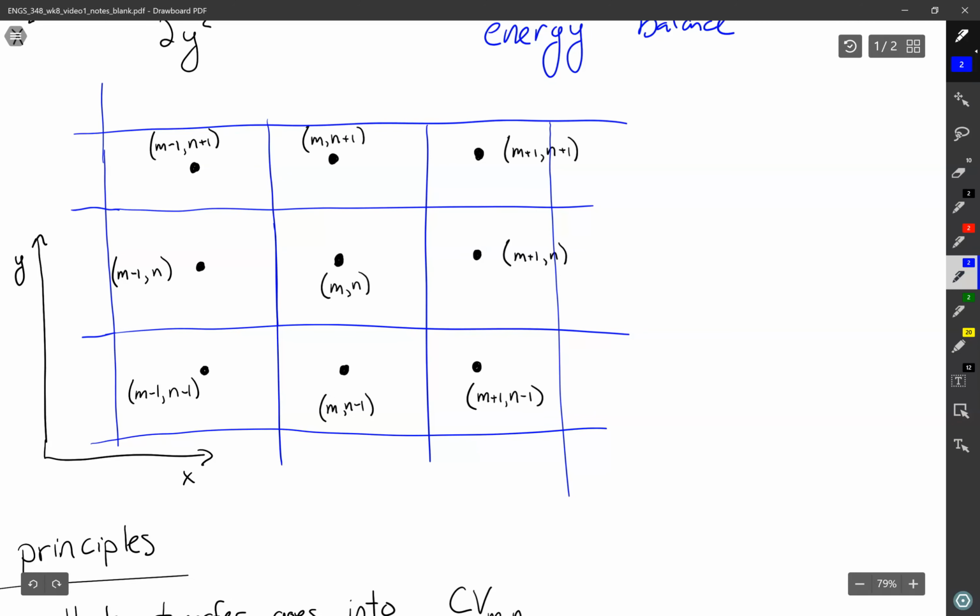So we can think of each of these individual points, like point MN, as representative of this entire chunk of our material. What we're saying is that it's a small chunk, but this entire chunk of material has one constant temperature.